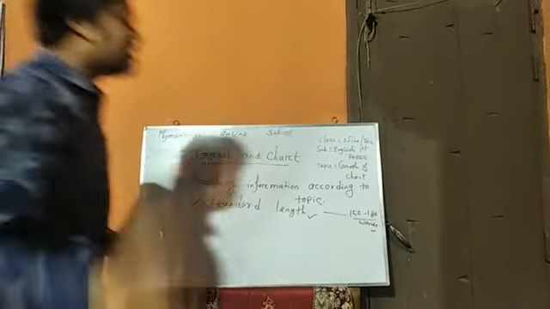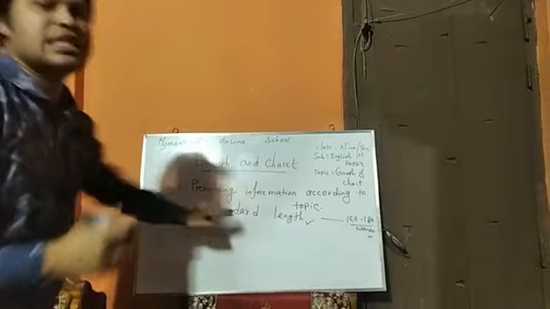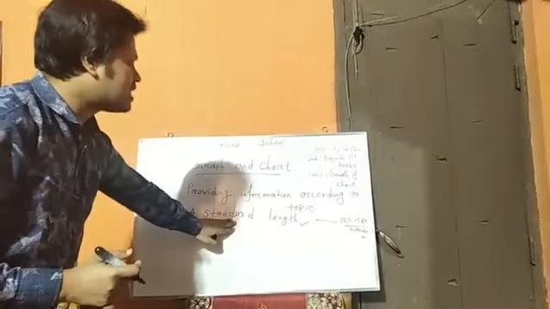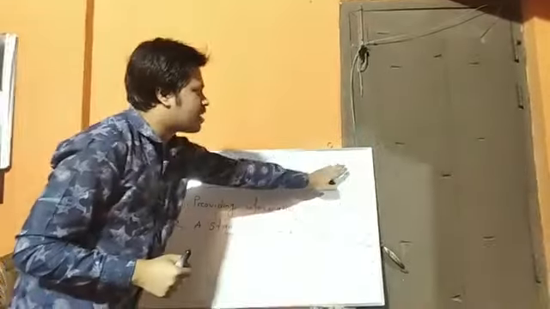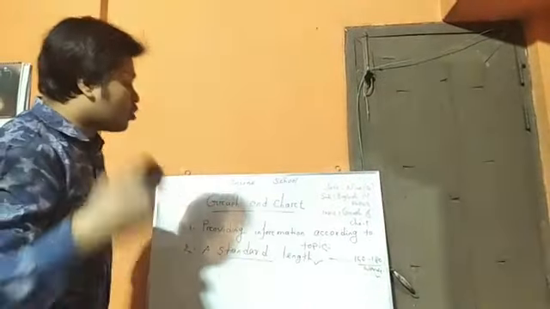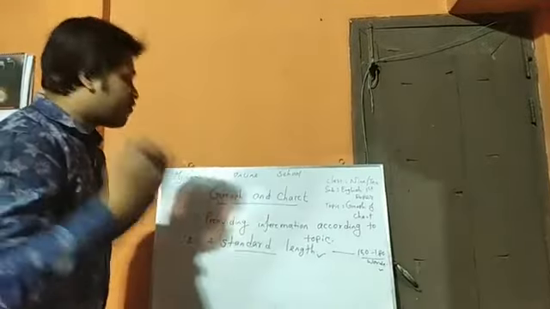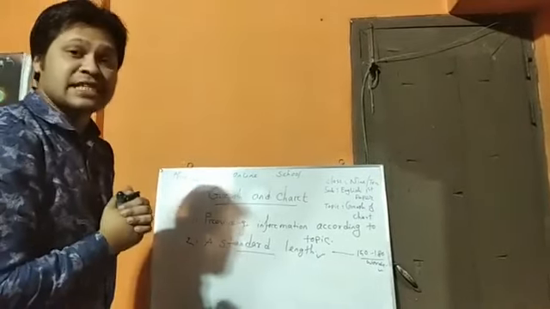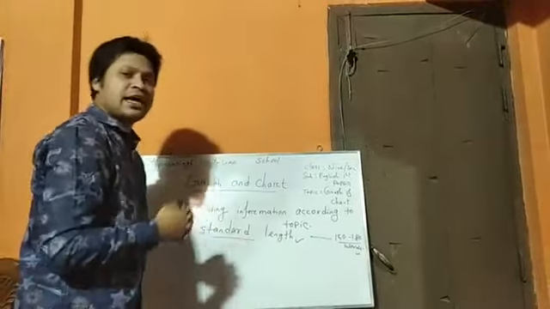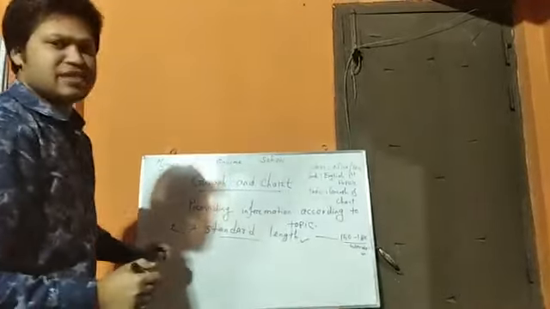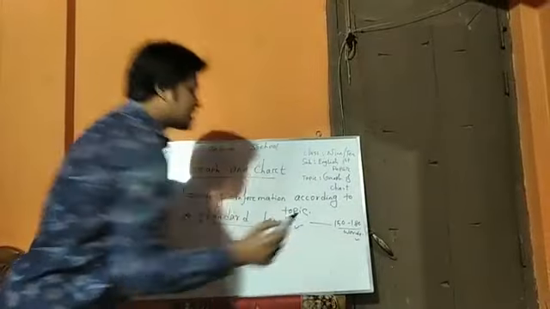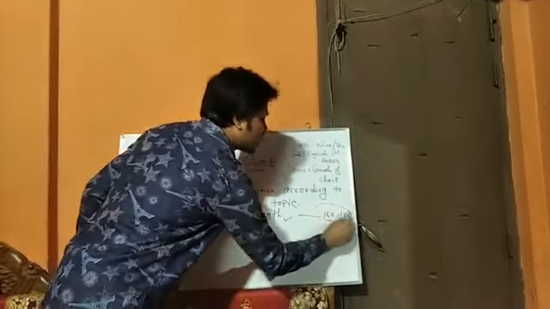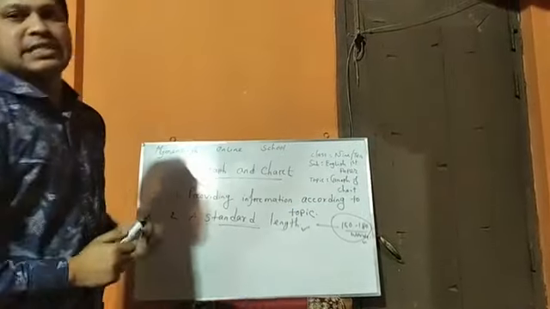Otherwise, it must be according to class standard. As you are a student of class 9 and 10, you have to write in one way. If we find a student of class 6 or 7, he will write in another way. So as a student of class 9 and 10, you must describe a graph and chart within 150 to 180 words. That means 2 pages.